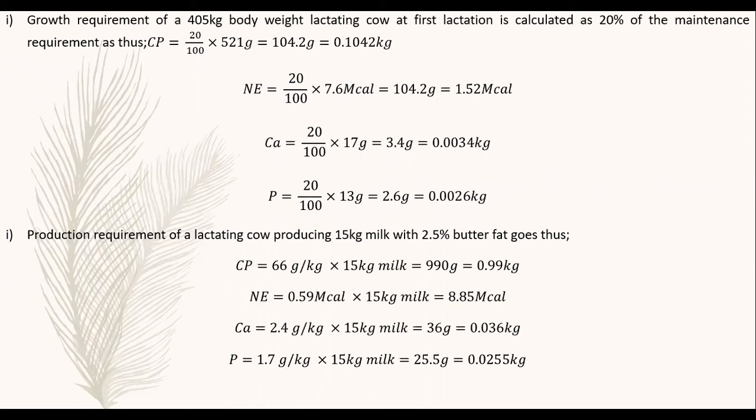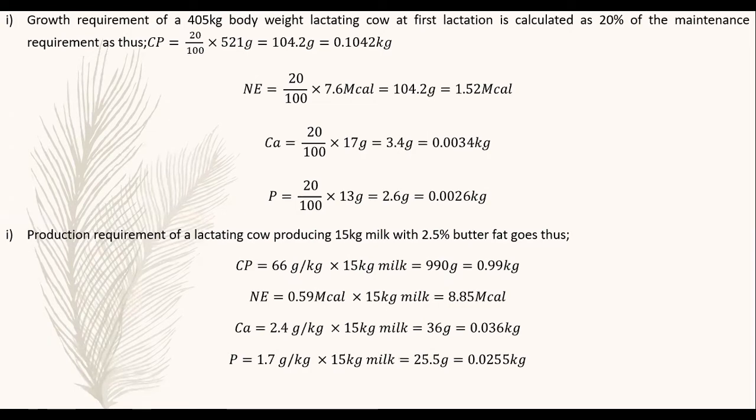Then you move to the production requirement of the lactating cow. The lactating cow produces 15 kg milk with 2.5% butter fat. That means 15 kg multiplied for each percentage of the butter fat inside the milk.